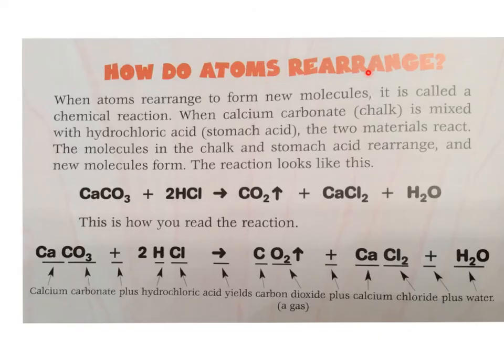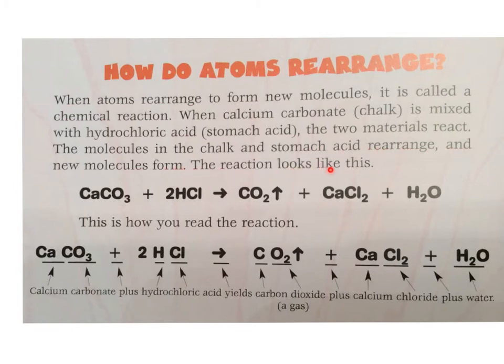How do atoms rearrange? When atoms rearrange to form new molecules, it is called a chemical reaction. When calcium carbonate, chalk, is mixed with hydrochloric acid, stomach acid, the 2 materials react. The molecules in the chalk and stomach acid rearrange, and new molecules form.